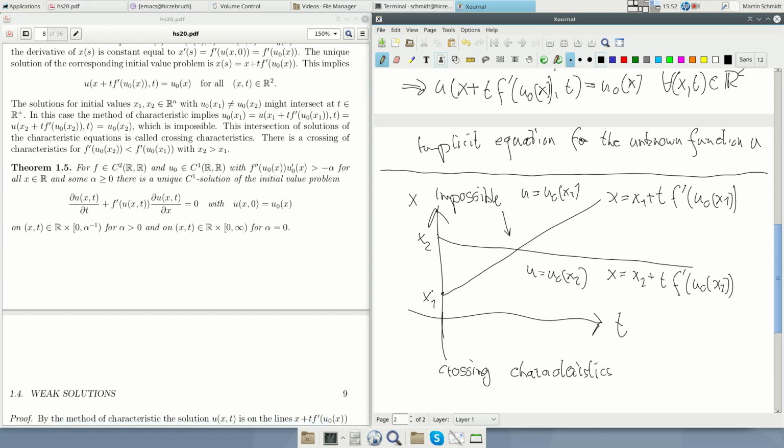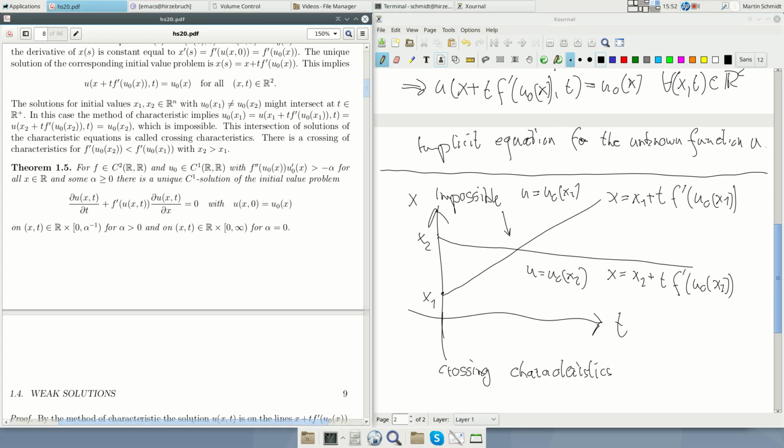Otherwise, they would intersect for negative times. The only way that they do not intersect on the whole plane is if they are equal. So whenever the function f prime takes different values, we might have such a problem.